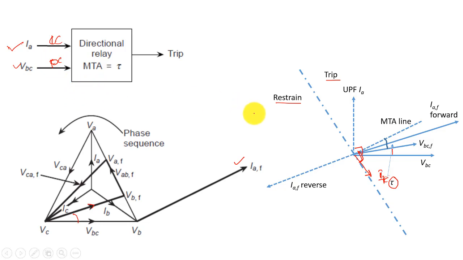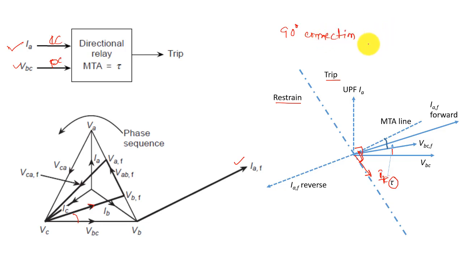Now we can conclude that VBC is lying 90 degree lagging to the UPF IA. Therefore this kind of connection is known as 90 degree connection, as it is called in the literature.